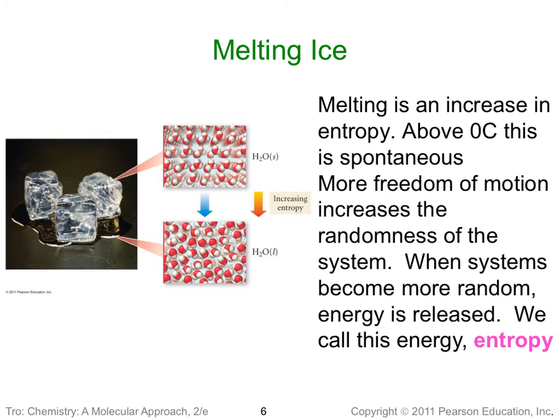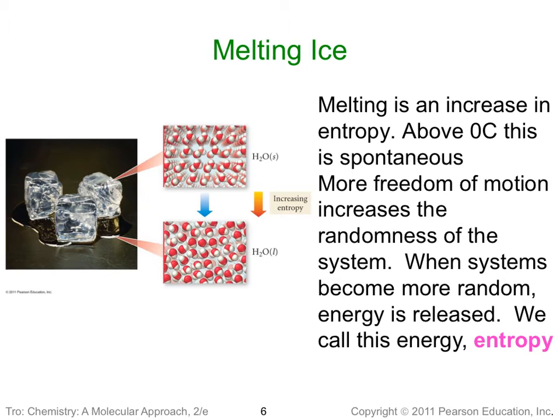So let's look at ice. Melting is an increase in entropy, right? You know that the fixed position of the water molecules in ice allows less motion. And at 0 degrees, this is a spontaneous process.